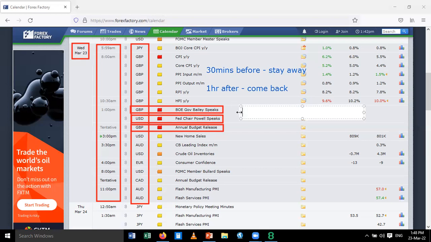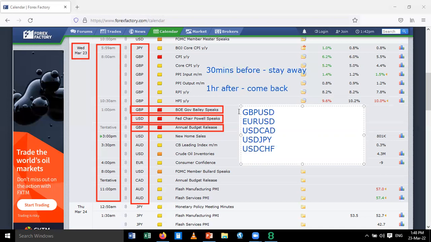I won't trade GBP/USD, EUR/USD, USD/CAD. Any currency paired with USD, I am not trading it.